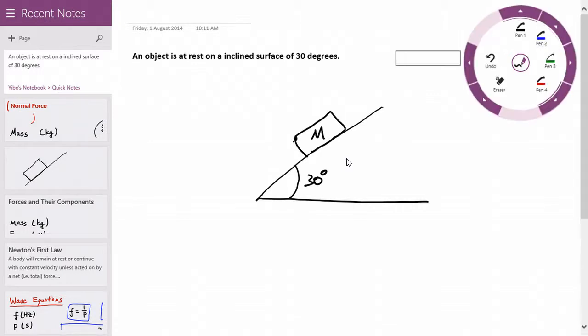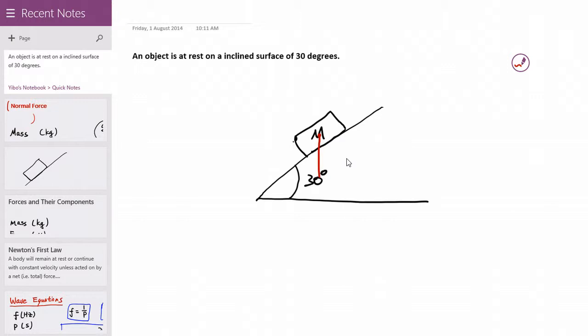When I'm trying to draw the free body diagram on this one, the first thing I have to notice is there must be a weight force acting directly downwards to the center of the Earth. Now, since it's on a surface, there must be a normal force.